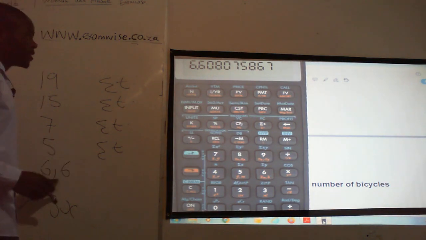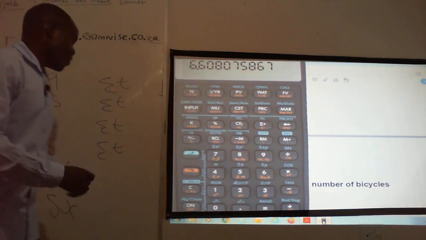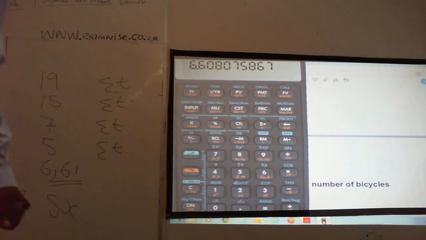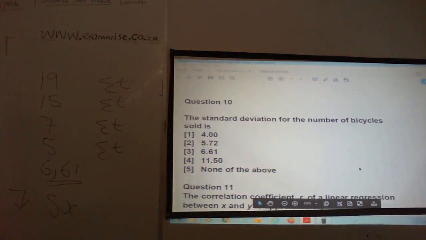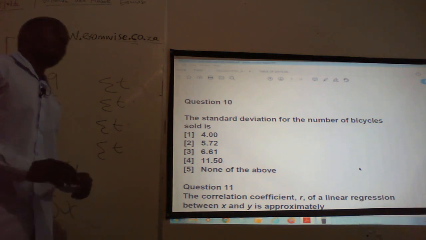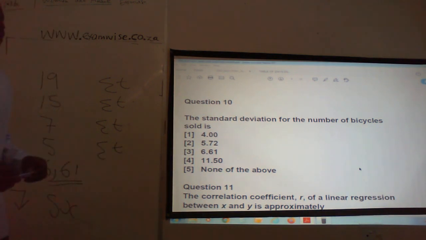We have 6.6, and here we have 8, so 8 can change 0 to become 1. We will be having 6.61. So our standard deviation for the number of bicycles sold will be 6.61. So our correct option is option number 3. So that is how we do it.